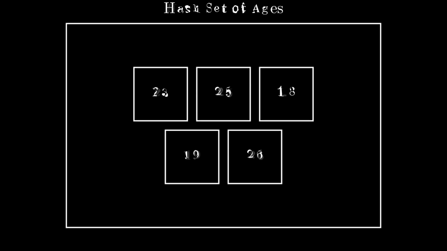In another example, you can have a hash set which keeps track of ages you've seen before. You can ask the hash set if the age 25 has been seen before, and it would answer yes here very quickly in O of 1 time.